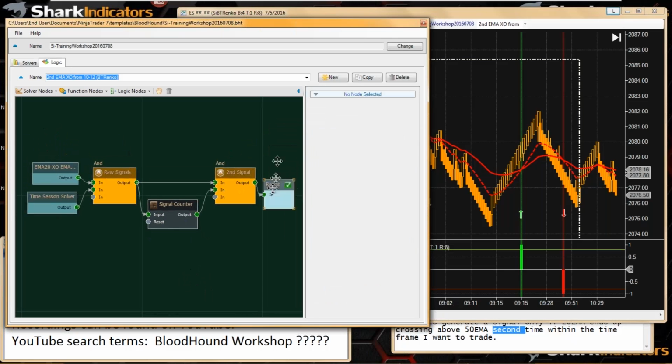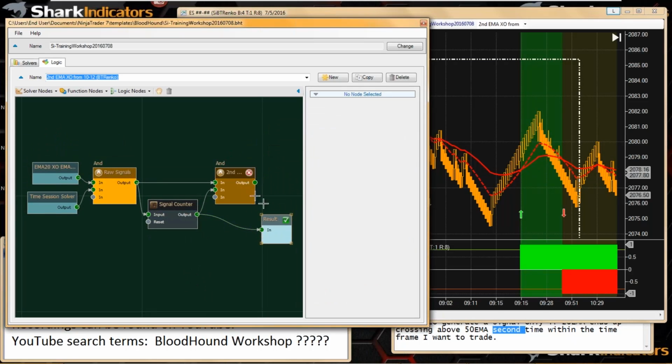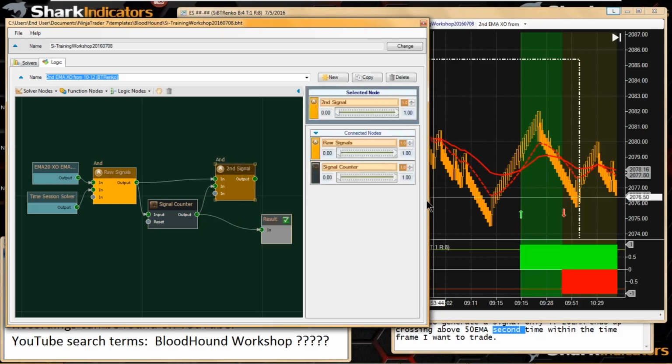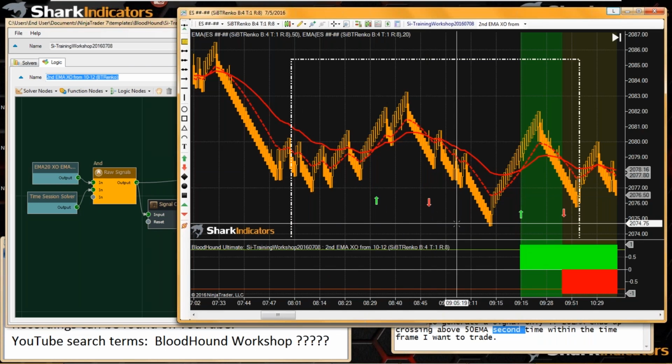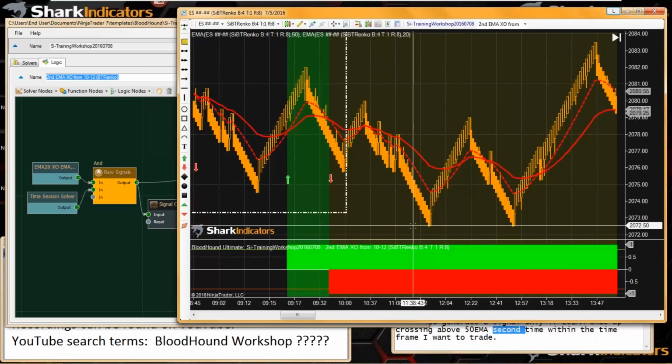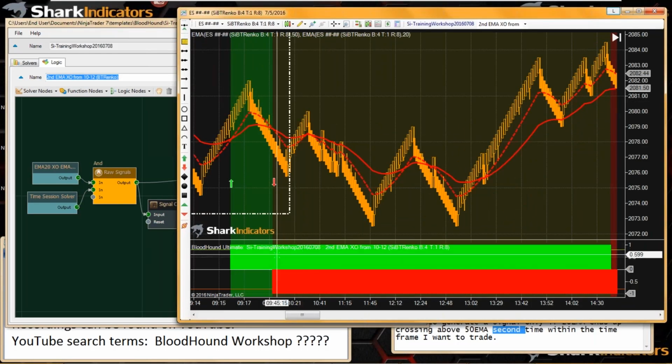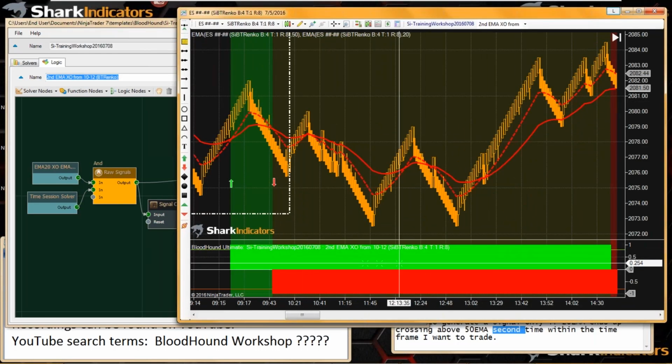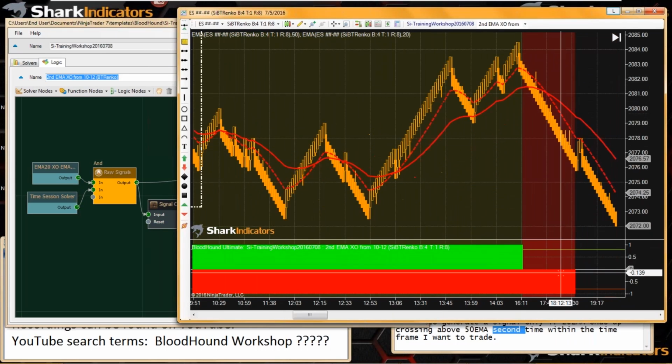And let's take a look at what we're doing here. So let's look at the reset signal, and you notice how the signal counter has this really long output.